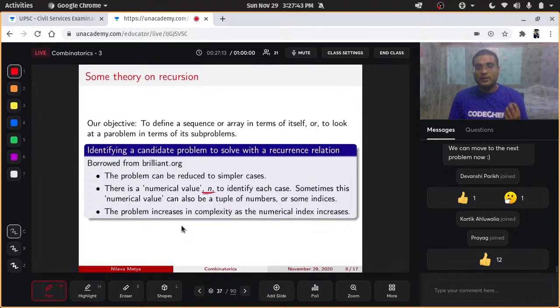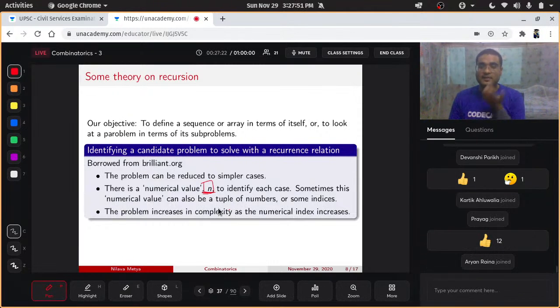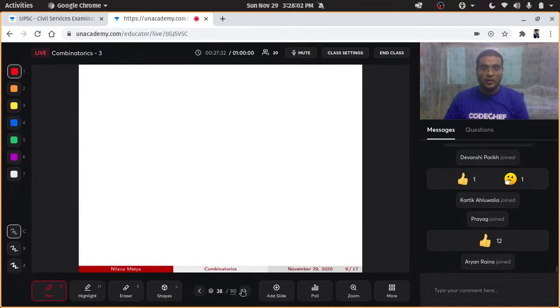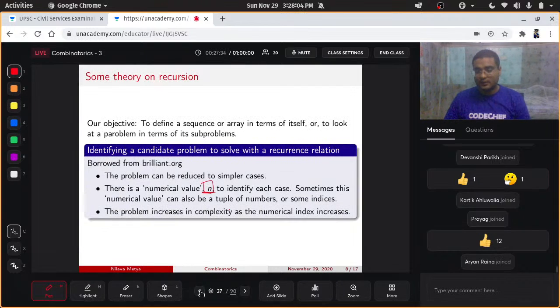A problem of smaller size is easier to solve than a problem of larger size. So if you see these things in a problem, you will understand that you can solve this via DP, or via recurrence equations or recurrence relations, which you'll also learn as DP.